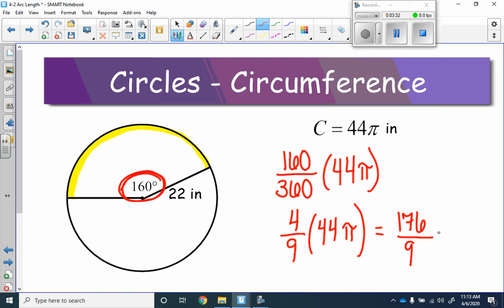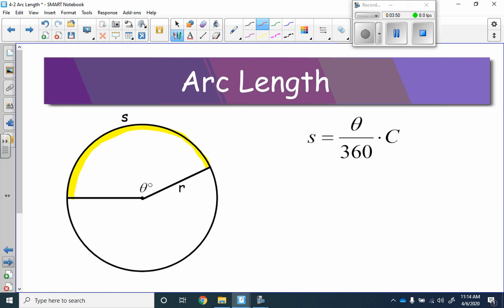And so 176/9 times pi, that right there would be your arc length for 160 degrees. You're taking a fraction of the total circumference.